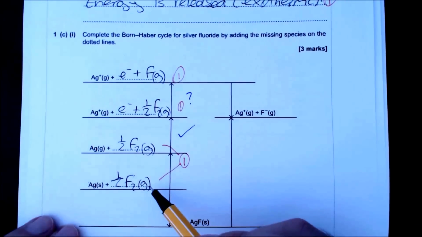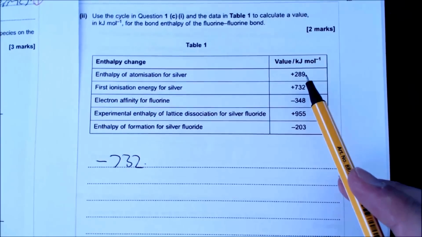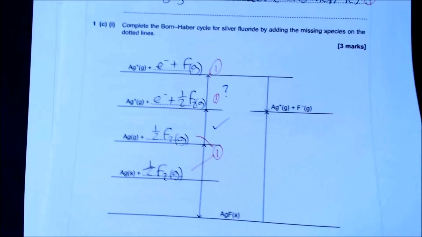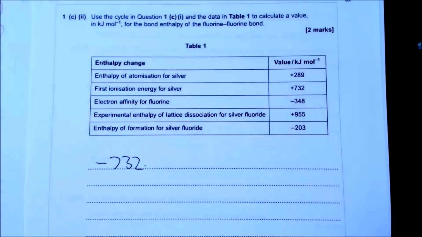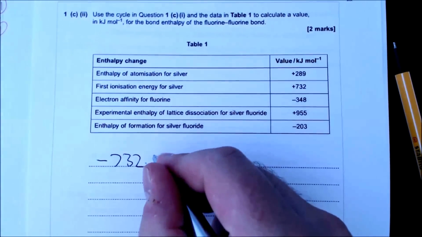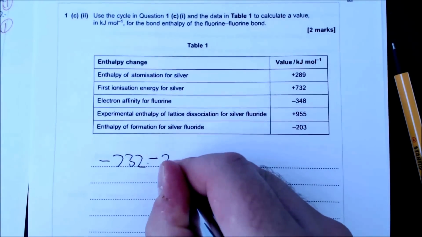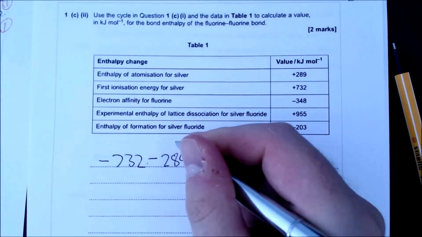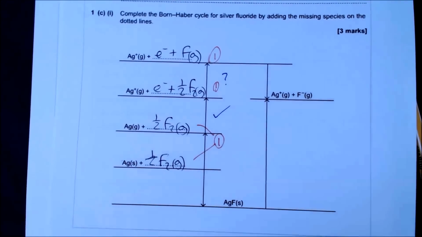This one, if we have a look on our table, is actually the enthalpy of atomization of silver. You can see here, this has been atomized. If we go to the value, atomization of silver is plus 289, but we're going against the arrow, so that's going to be minus 289. Okay, and then if we go on to our next bit, we've done this one.